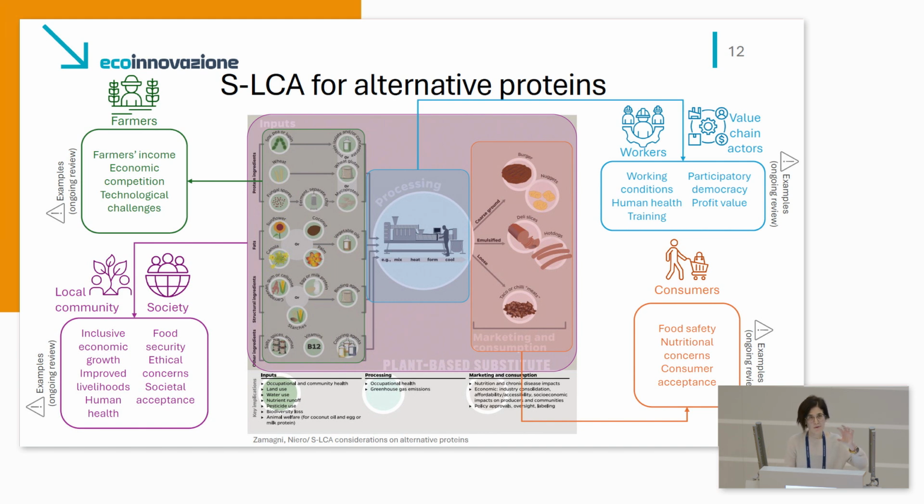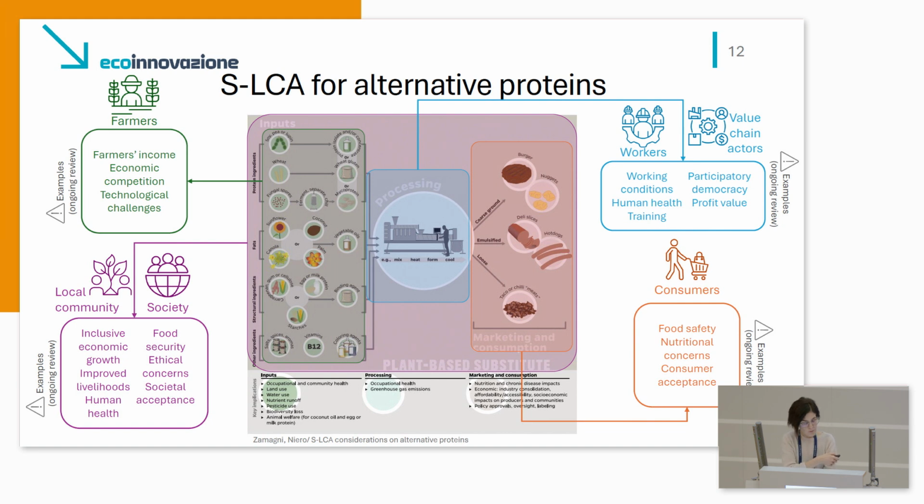But to see how those social areas of priorities can be translated in terms of aspects that we want to assess. You see that we have different kinds of stakeholders here. We have workers, value chain actors, consumers, society, local community, farmers, and we need also others.